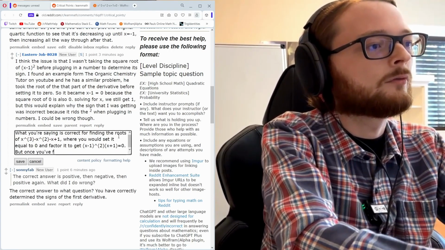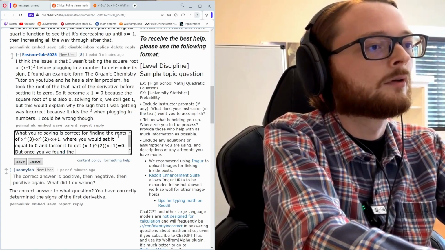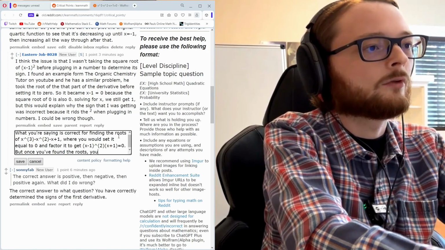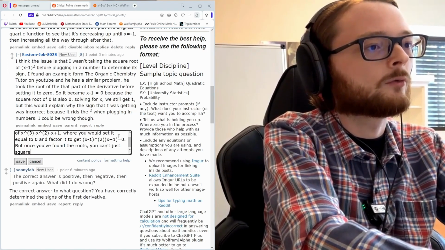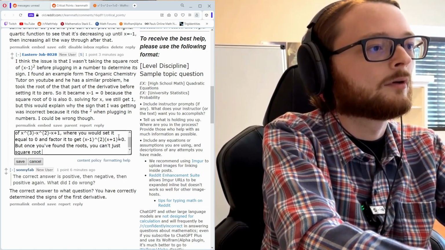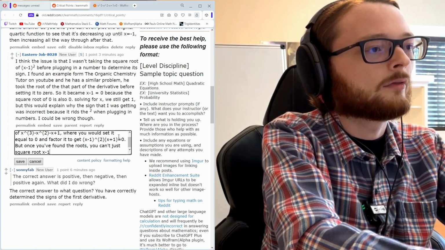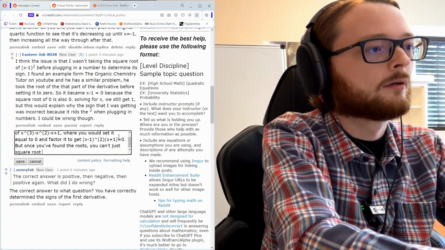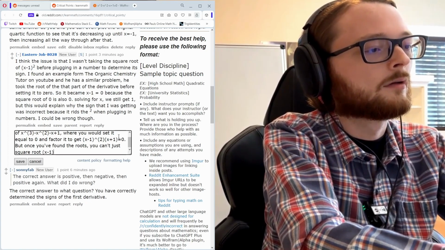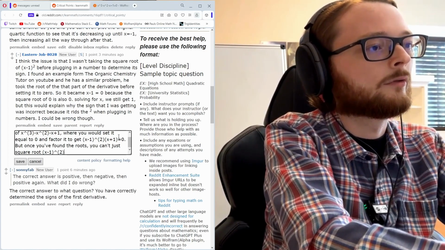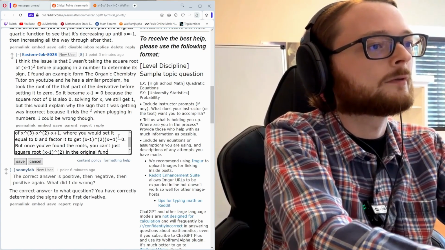But once you've found the roots, you can't just square root the (x minus 1) squared in the original function.